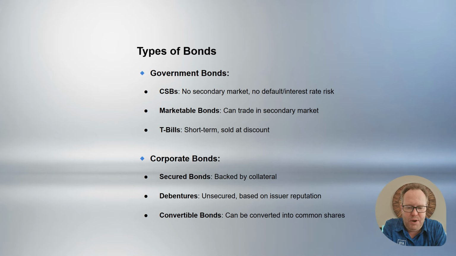That is a bond that can be converted into common shares. We'll get into a little more detail on common shares, but if you are a bondholder, you have lent money to a corporation, but if it is a convertible bond, there are ways that the bond could potentially be converted into common shares instead of being a bond.